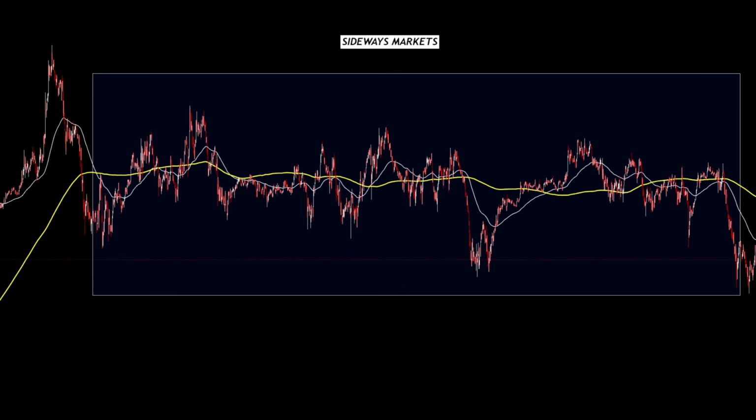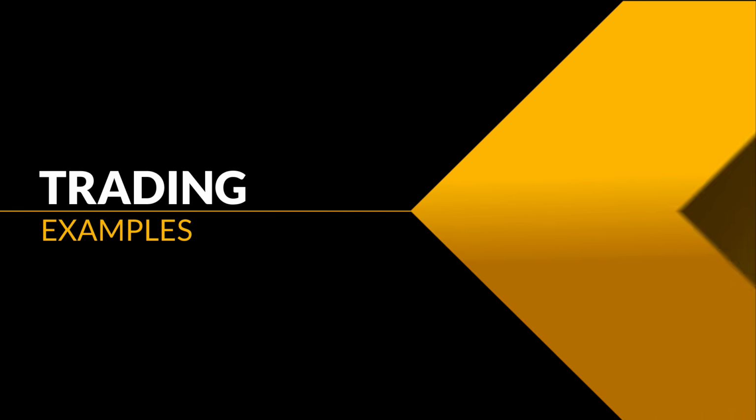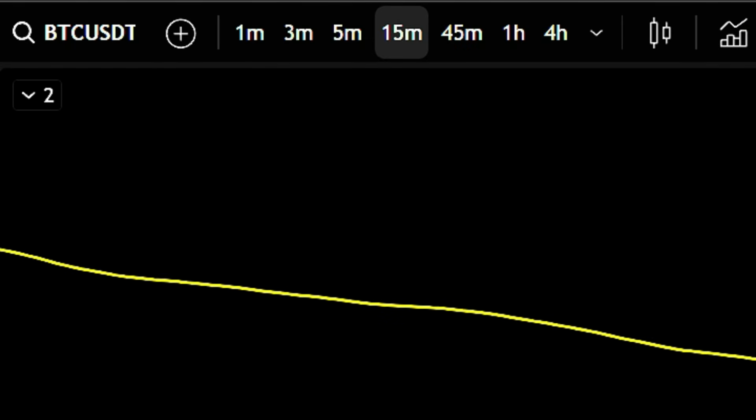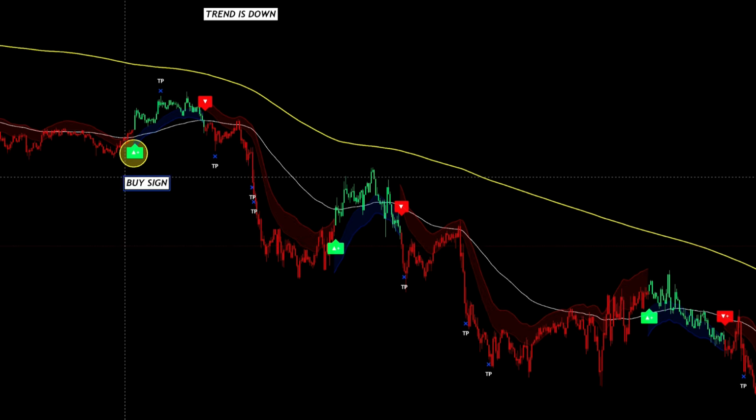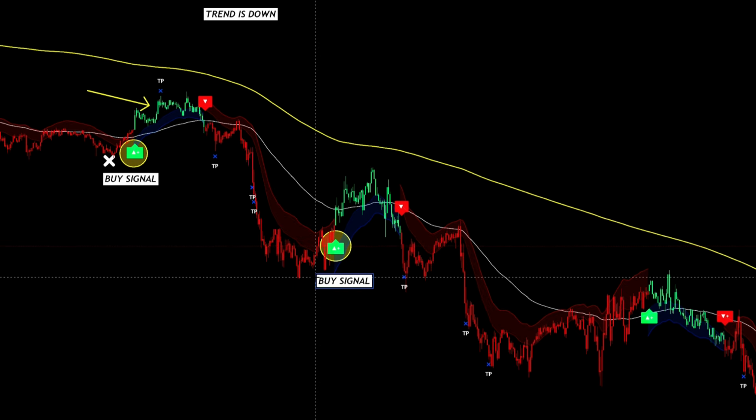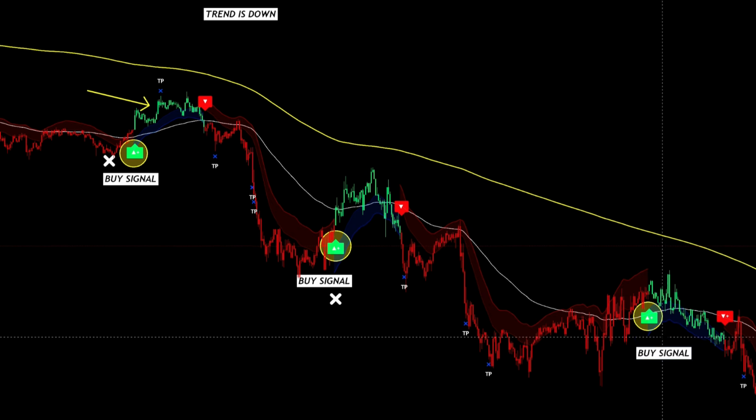Alright, let's get into some trade examples with proper risk management. On this BTC 15-minute chart, what do we see? A clear downtrend. That means I'm ignoring all buy signals because I only want to trade with the trend.